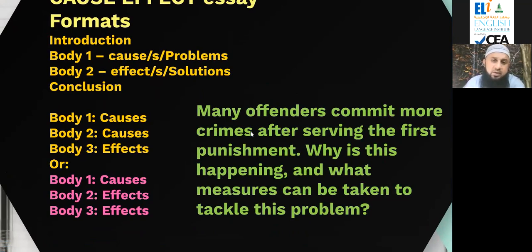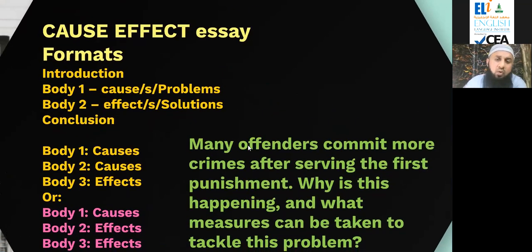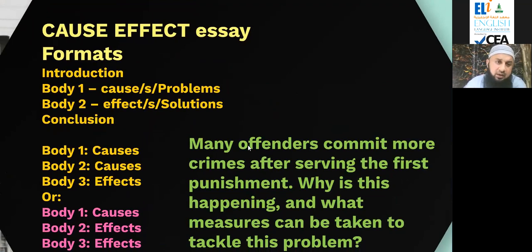We call it cause and effect, or the problem and solution. You can call it problem solution or cause effect, similar. So you write introduction, body 1 causes or problems, body 2 effects and solutions. This is the first format.